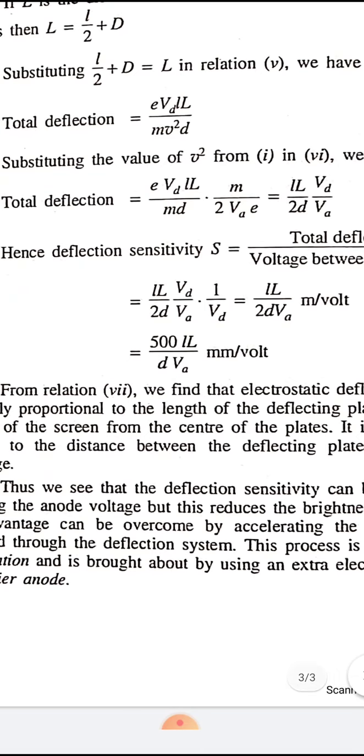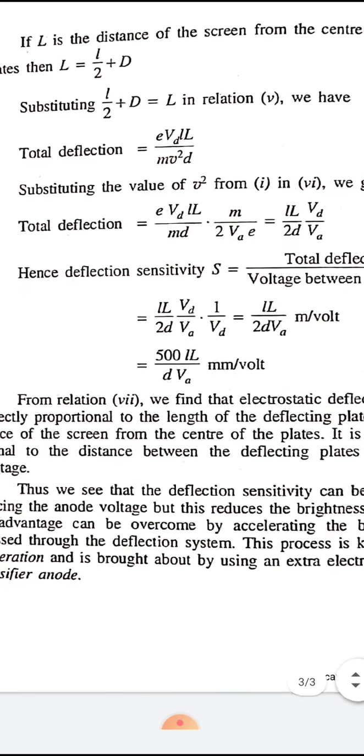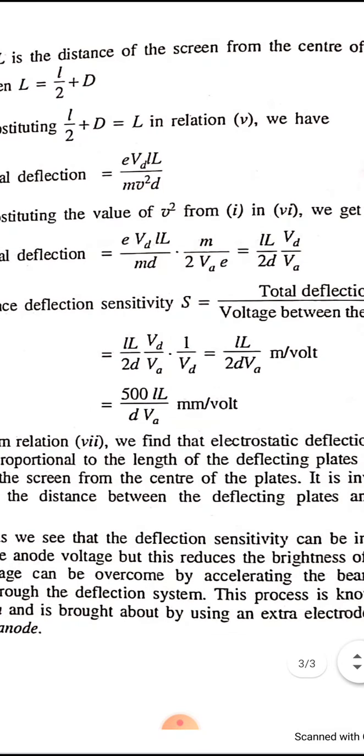Now, as we defined just now, deflection sensitivity S is equal to total deflection divided by voltage between the plates, so the total deflection expression l L Ed upon 2d Ea is multiplied by 1 by Ed. So deflection sensitivity becomes l L upon 2d Ea meter per volt.